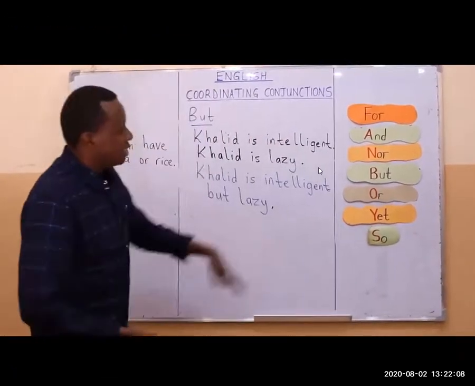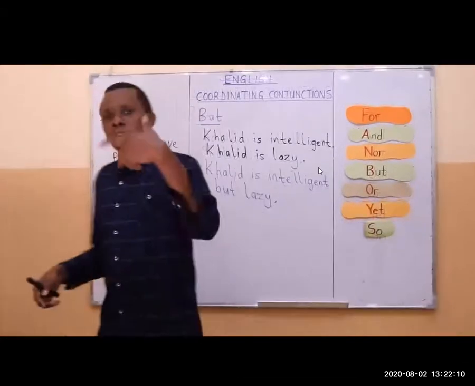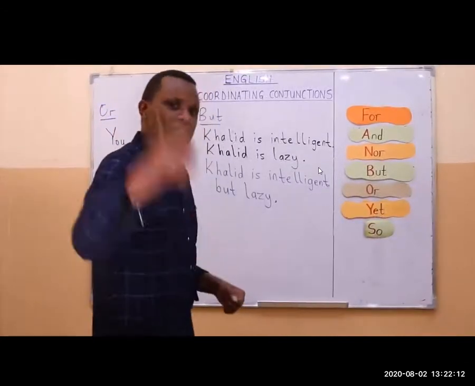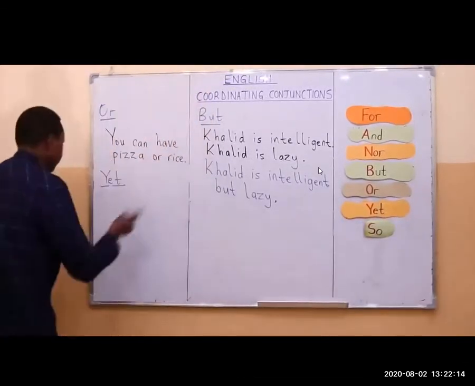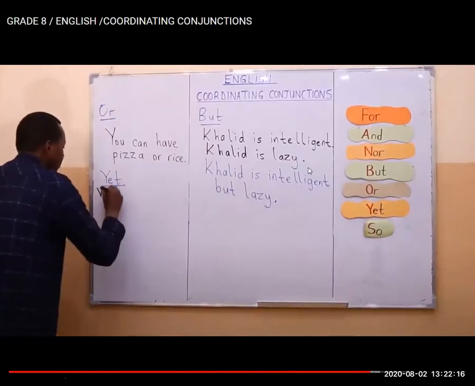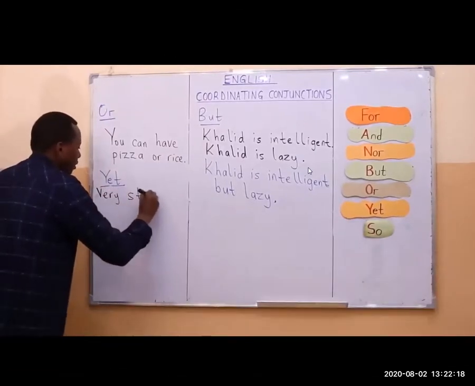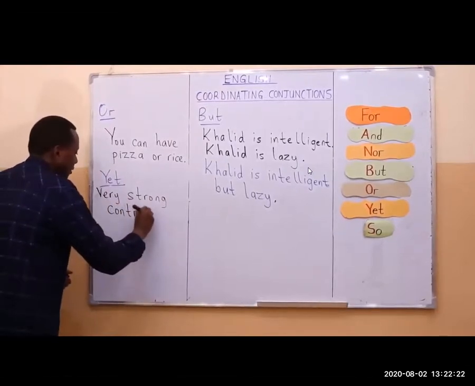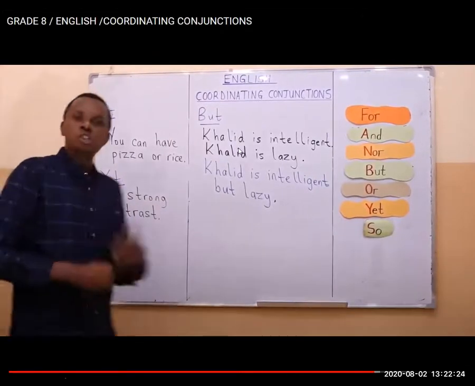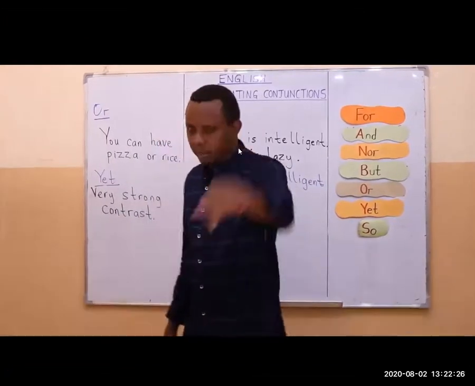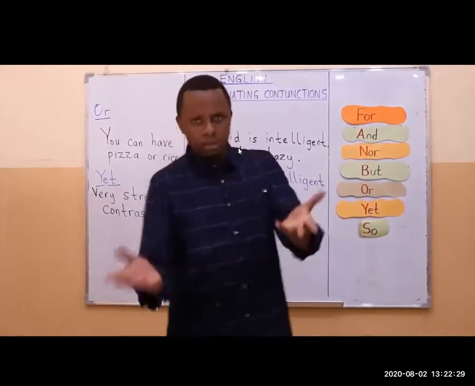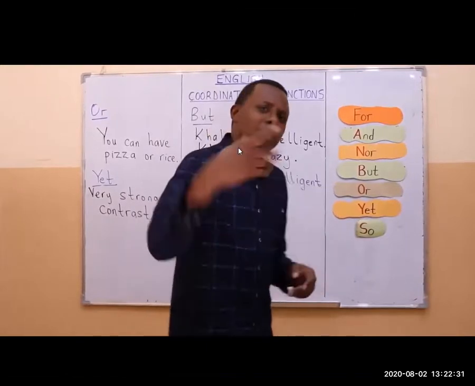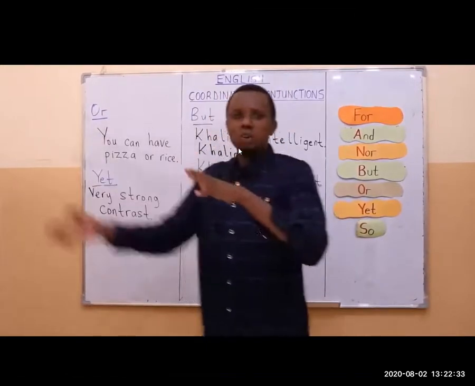Now, let us look at yet. When we talk about yet, the reference here is very strong contrast. Now, I'm going to use a friend of mine called Salman. There is something about Salman. Salman is somebody I know who eats a lot.